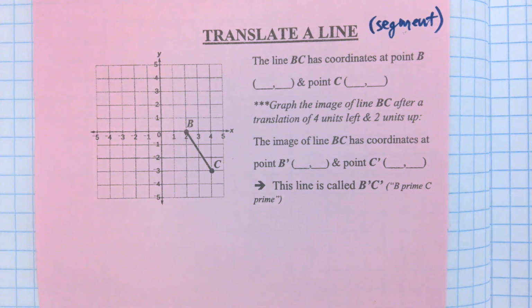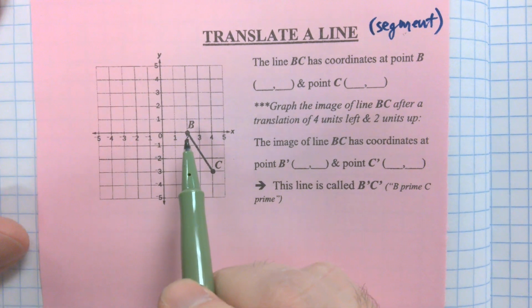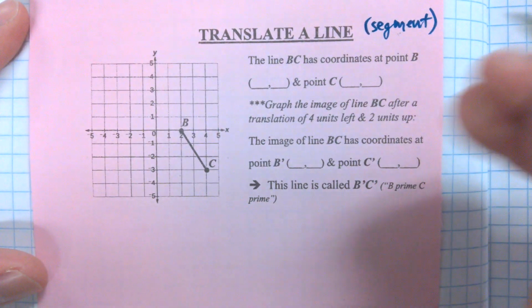So see how we're given points B and C, and we're asked to find the coordinates of those 2 points. We just got to use our eyes and look. What are the coordinates for B? Here's B right here. What would those coordinates be? 2, 0.